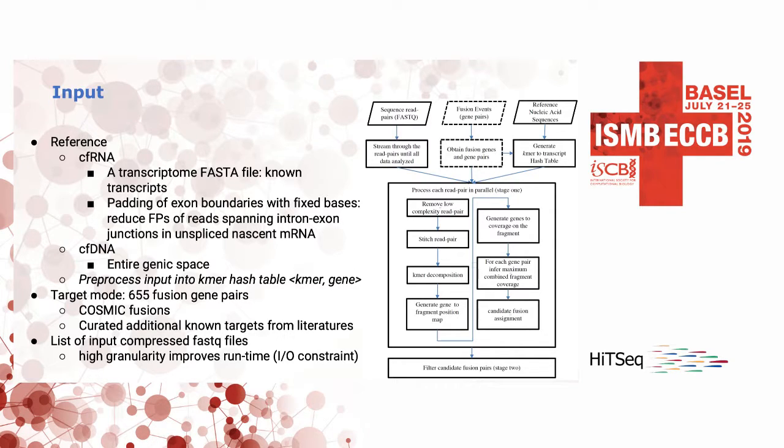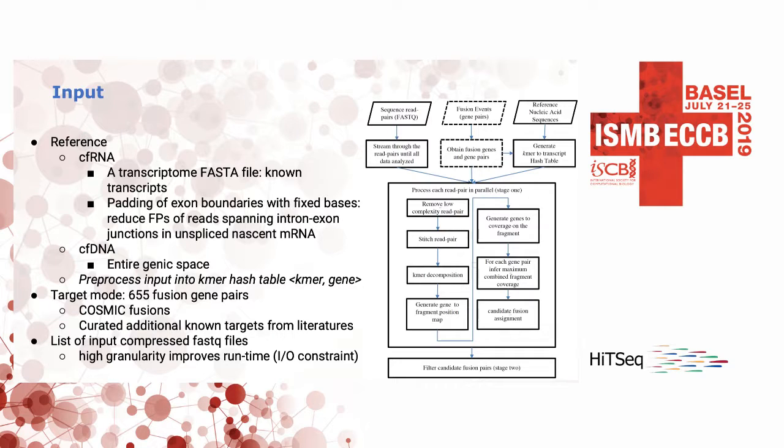For the cfDNA data, we simply take the entire genic space, which is about 1/3 of the genome. Another step we applied here is we pre-process the input into a k-mer hash table. It's basically simply a k-mer to which gene it occurs in. You can note that we completely forgot the positional information.